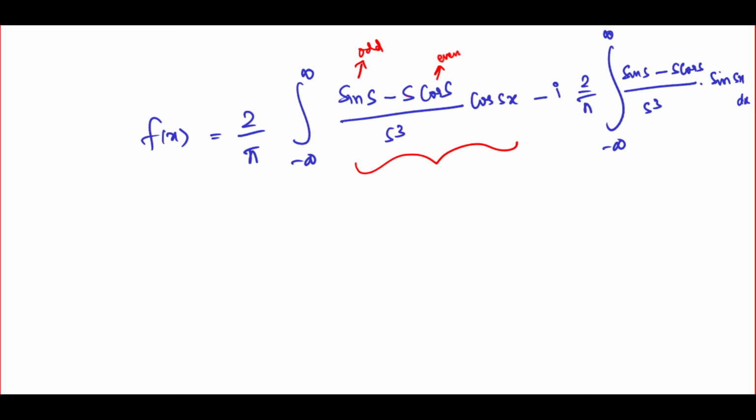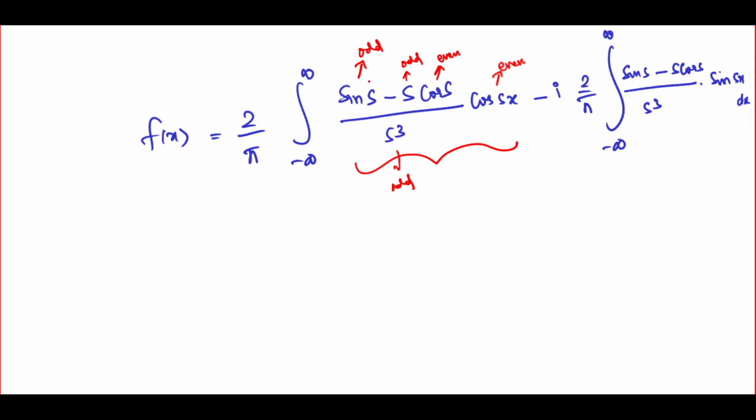Now if you substitute s by minus s, this is an odd function, and s is also an odd function, right? So odd into even will give you an odd function. So odd minus odd function will give you another odd function, divided by s cube, which is an odd function, and therefore this division is going to give you an even function, and this is an even function.